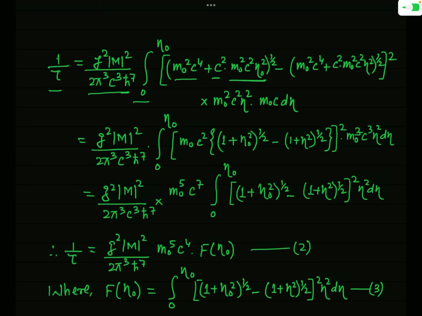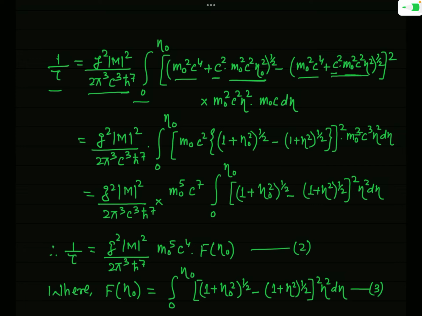In the second term, m naught square c4 remains the same, and there is c square p square: c square stays, and in place of p square we write m naught square c square eta square.